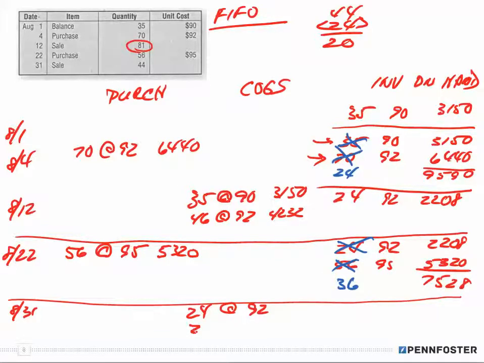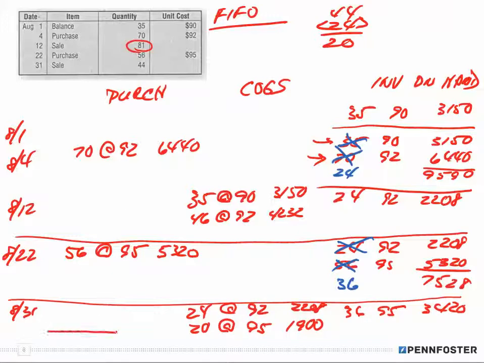So I have 20 at 95. And so 24 at 92 is 2,208, and we get that number from right there. And 20 at 95 is 1,900. That means my remaining inventory is 36 at 95 for a total of 3,420. So that's my inventory on hand.